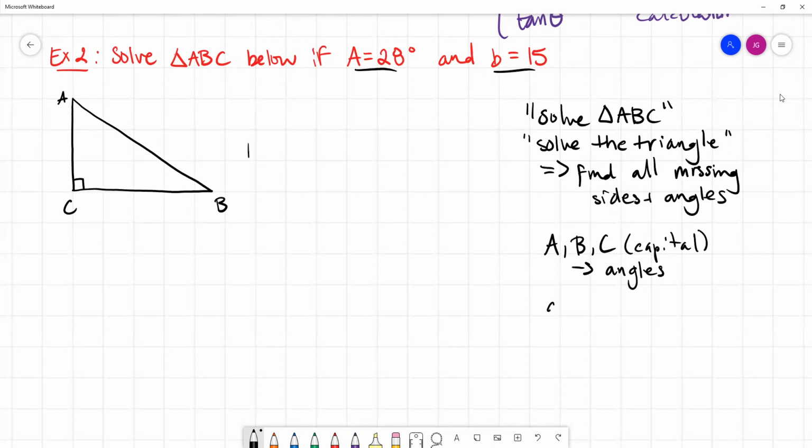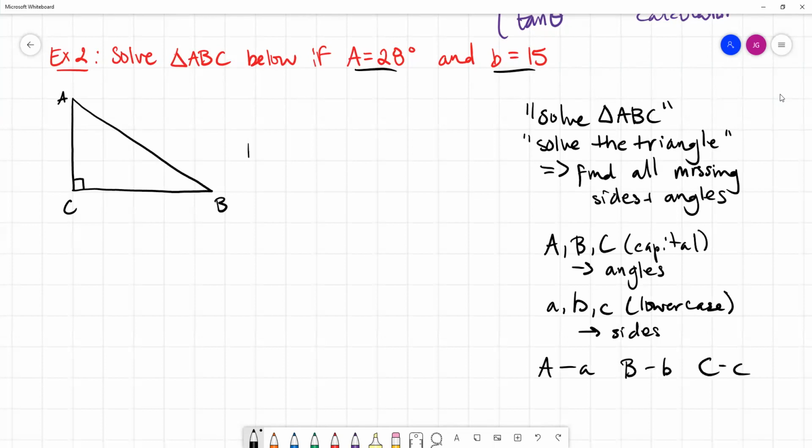And that means that the lowercase letters, lowercase a, b, c, those are referring to the sides. Also, the same letter side is always across from its letter angle. So A and A go together, B and B go together, C and C go together.